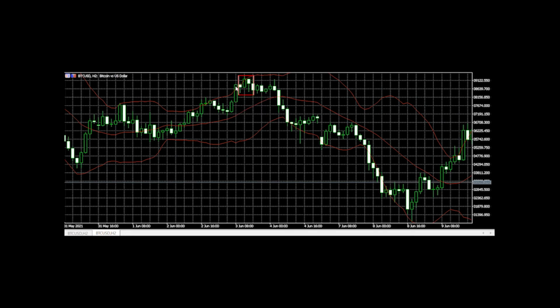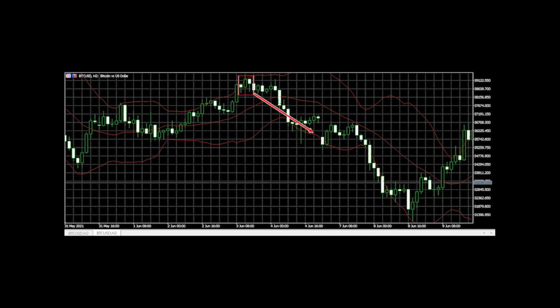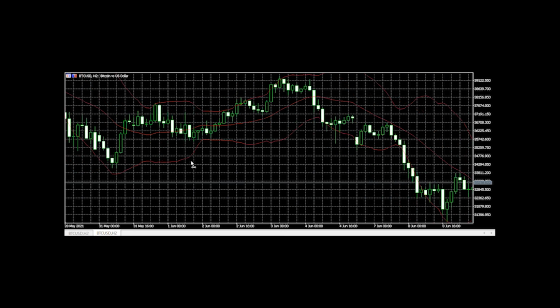So you see you have one candle that breaches but fails to make material gains. Another candle again weakly breaches, closes under the upper Bollinger Band. Another one barely makes it above, and at that point you have a huge reversal in the market. So here on this candle you would have sold Bitcoin and you would have made a lot of money.